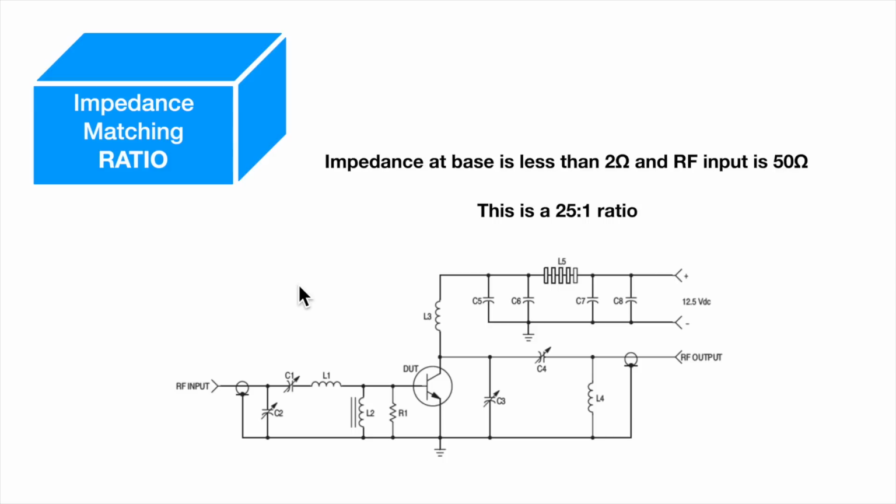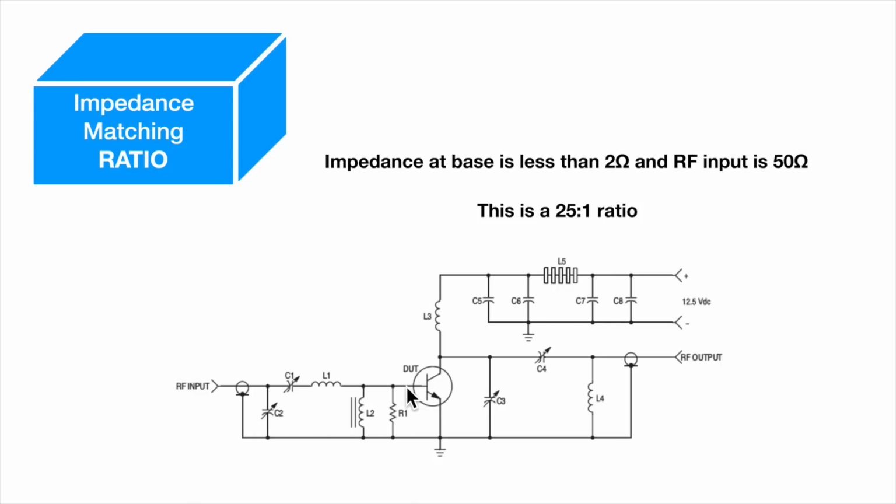What I want you to note here is that the impedance at the base of this transistor is incredibly low. It's actually less than 2 ohms. But the RF input signal that's coming in from our other transmit amplifiers is 50 ohms. So we've got to step it down from 50 ohms here to 2 ohms here.